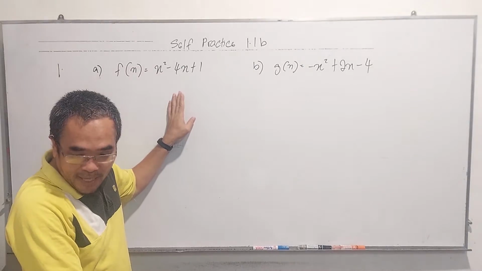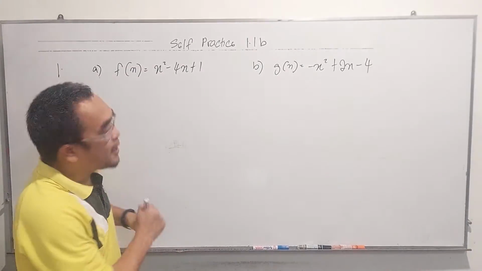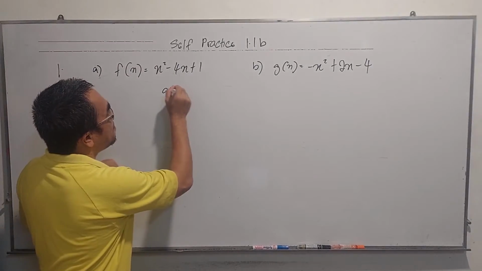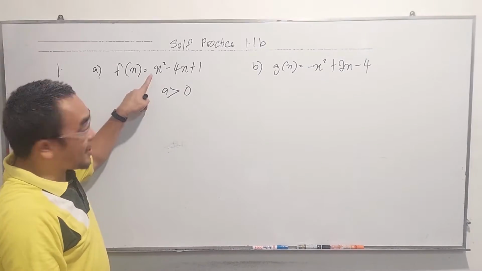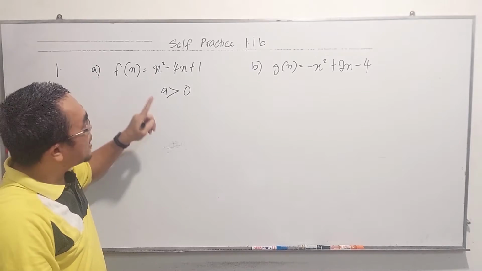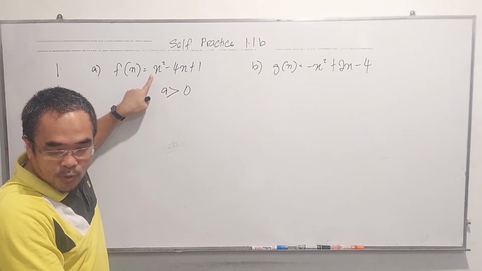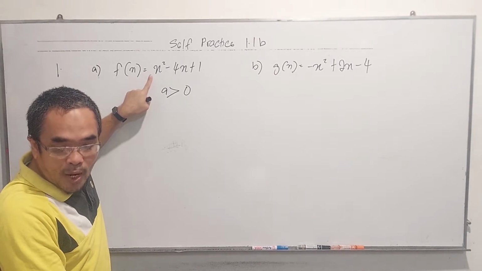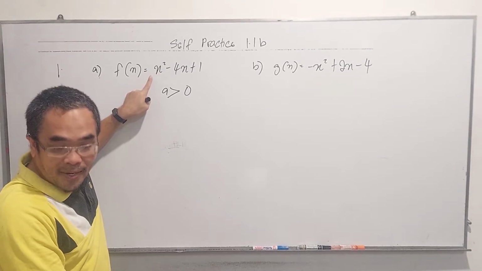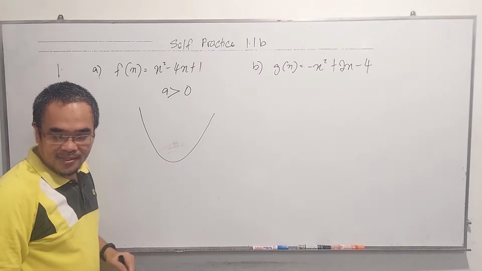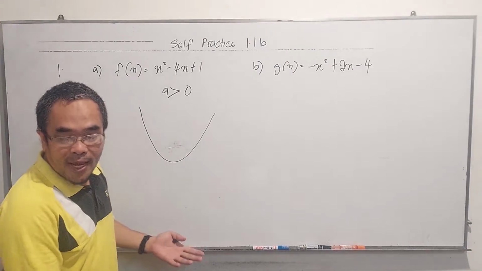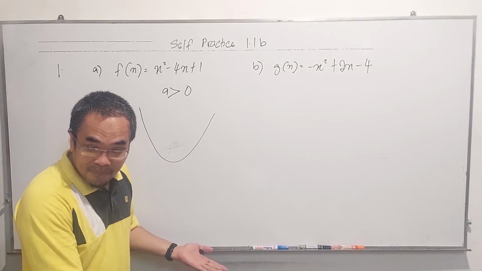Okay, so for your info, whenever the value of A is positive, A is more than 0, as long as A is more than 0, whether it's 1x squared or 2x squared or 0.1x squared, the shape will always be like this. Okay, how do I know that? I've drawn that.